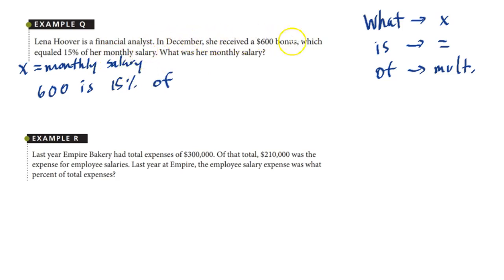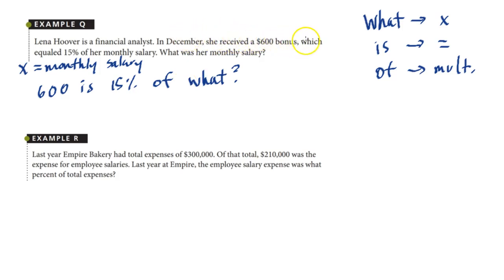So if you just read this middle sentence, you'll get the form we had in the previous video, where you have numbers, "is," and "of"s, and percentages, and then "of what," the unknown. 600 is 15% of what. Hopefully you can see that.